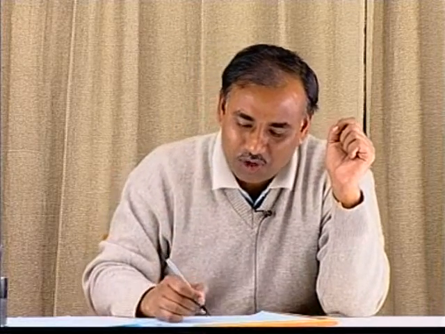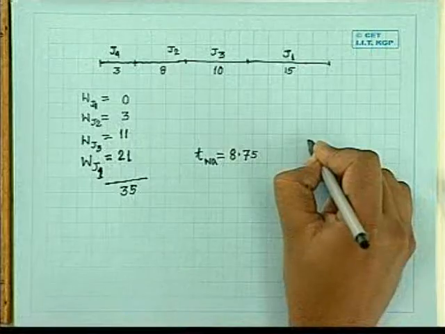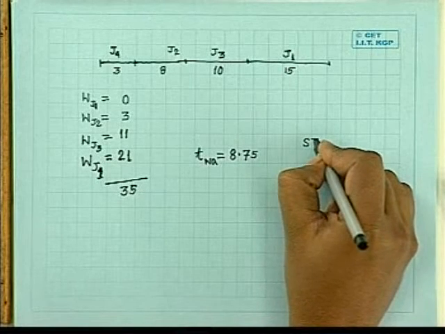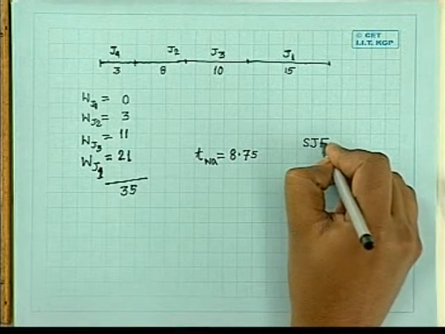If I execute a shorter job first, the waiting time of the next job is reduced. That is why in this second case of scheduling, where I am executing the shorter jobs first, the average waiting time is reduced. This kind of scheduling is called shortest job first, SJF scheduling.